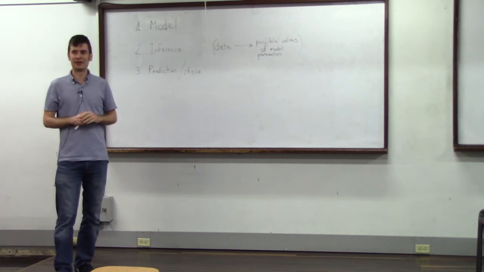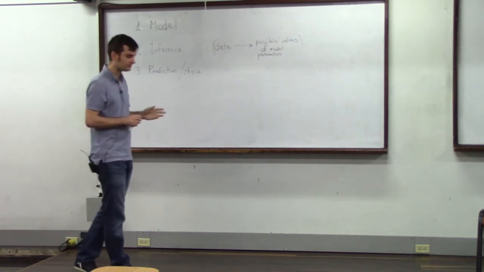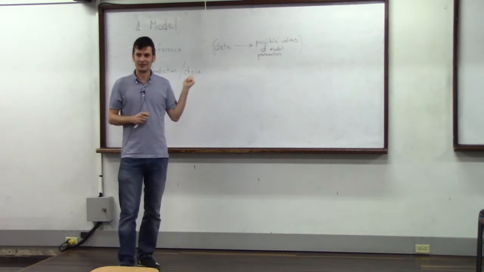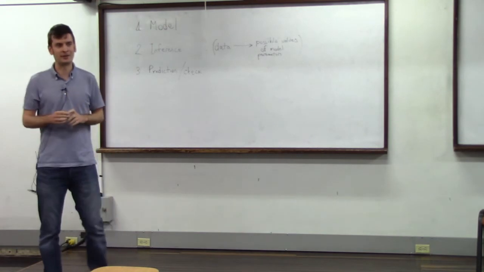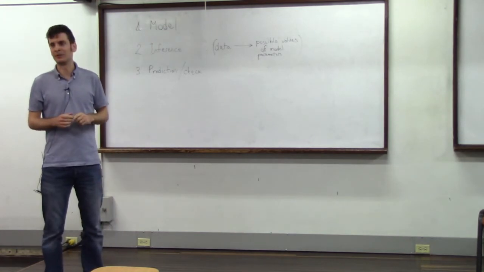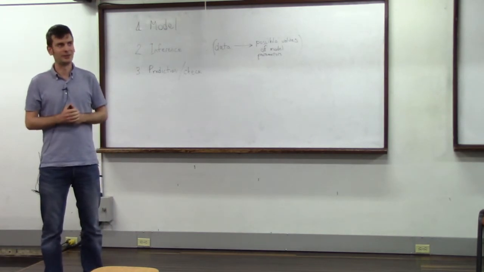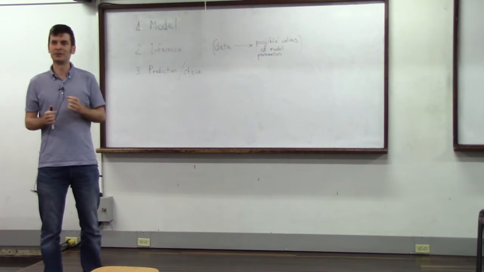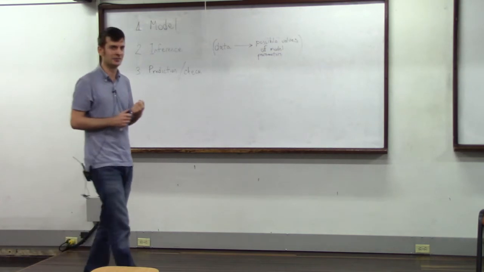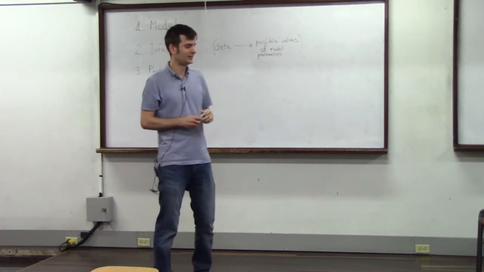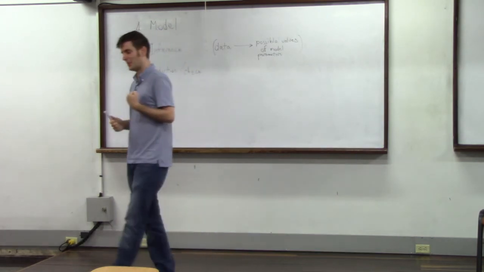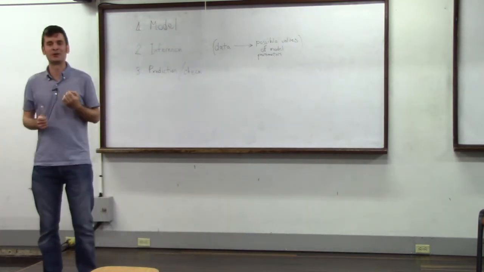One beautiful example of prediction based on a Bayesian model in astronomy happened a couple of years ago when there was a supernova exploding behind the galaxy cluster. And the supernova was strongly lensed.